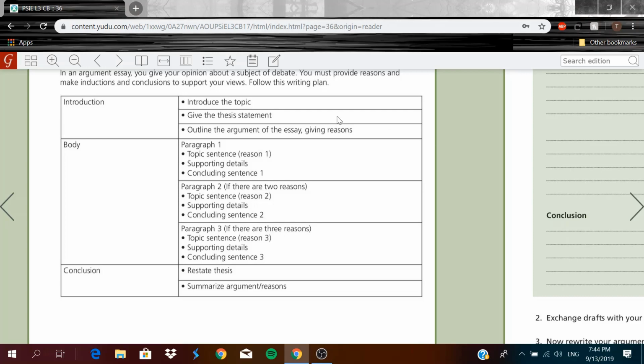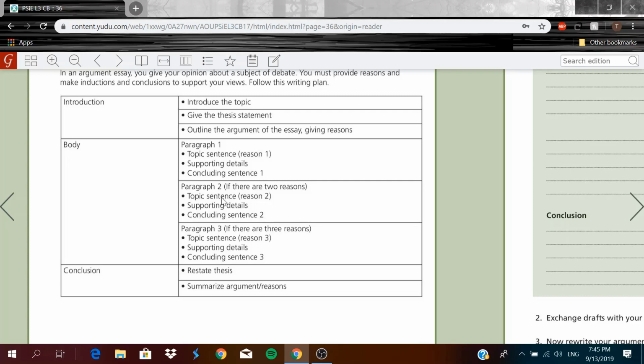And then for your body, let's say if you're going to write 3 paragraphs, in paragraph 1, you can write the topic sentence or reason number 1, any supporting details that you might have, and concluding sentence 1, so concluding for paragraph 1. And then you'll start with paragraph 2. If there are 2 reasons, and even more reasons if you want to talk, feel free.